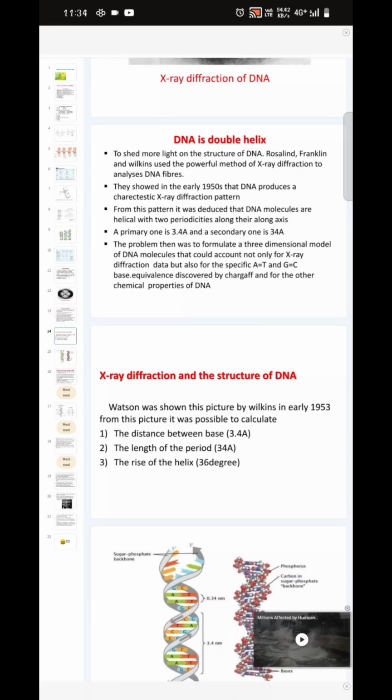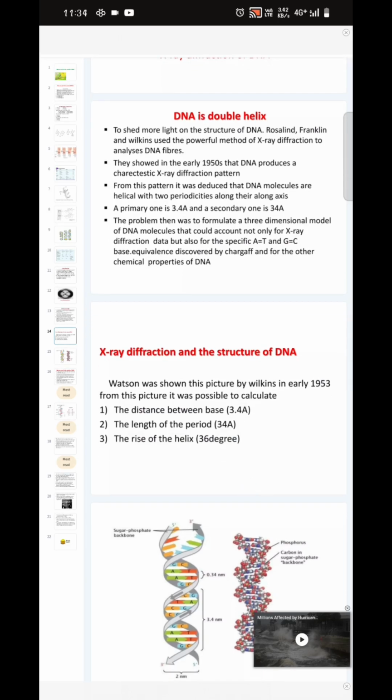And the 14th page is DNA is a double helix. Friends, in the Watson and Crick model of DNA, the DNA has a double helix. To shed more light on the structure of DNA, Rosalind Franklin and Wilkins used the powerful method of X-ray diffraction analysis of DNA fibers.